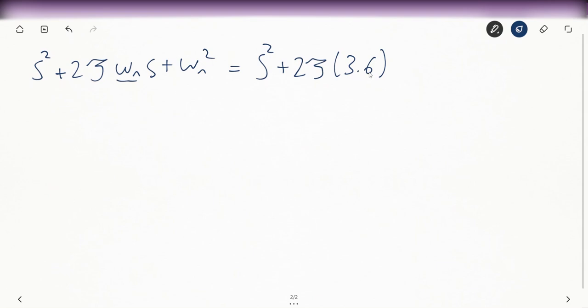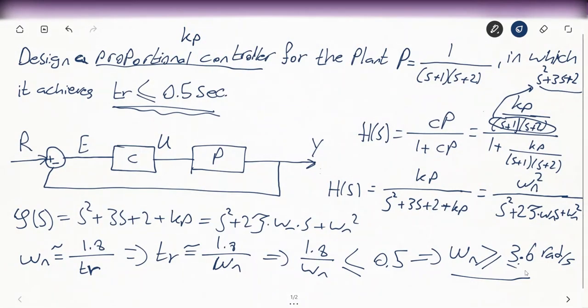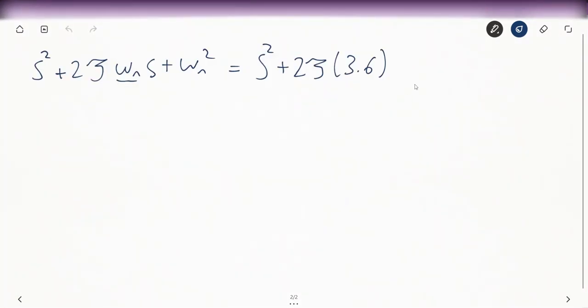I selected 3.6 to be omega n, because the condition that we had is for omega n to be greater than or equal to 3.6. So our omega n is selected to be 3.6 radian per second. This is a matter of choice; I may select omega n as I want. It's not a problem.